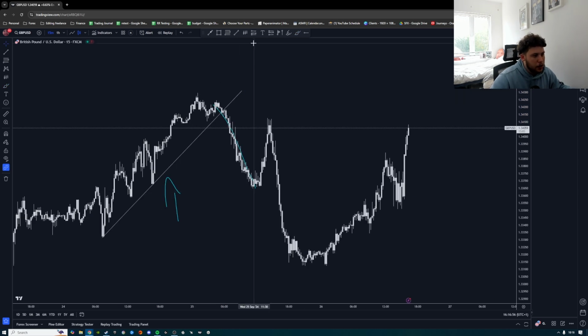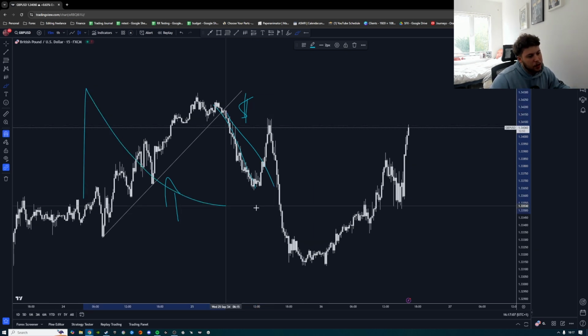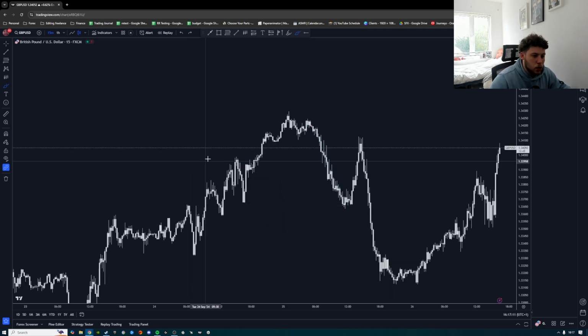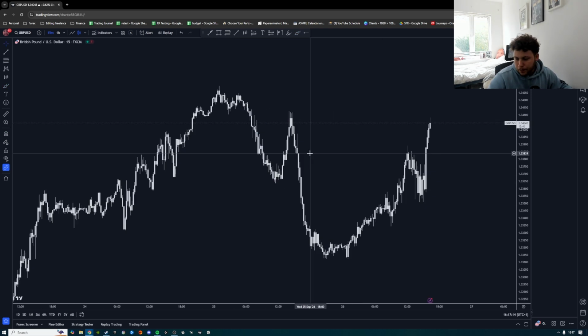So internal, and then this becomes your external down here, and this is then your internal, and then you get your external. Anyway, essentially all it is is trend lines or trendline liquidity. So that's the next bit that I wanted you to be aware of: trendline liquidity.